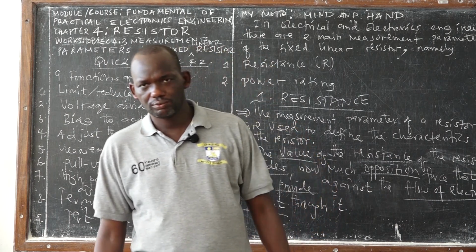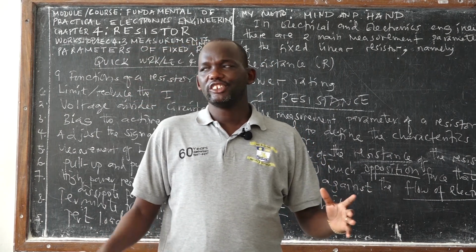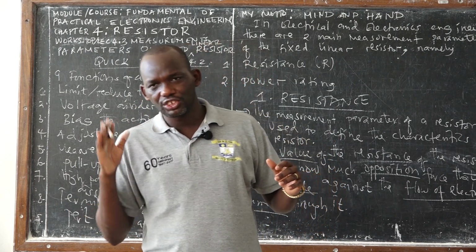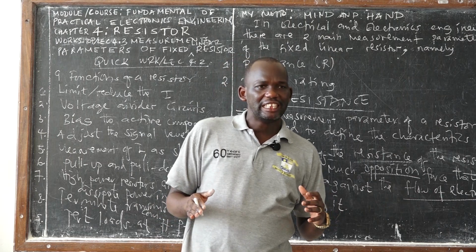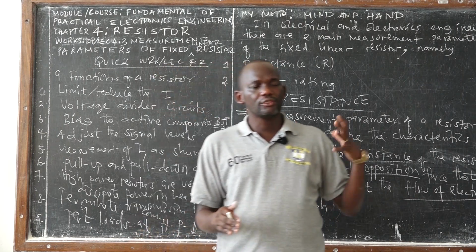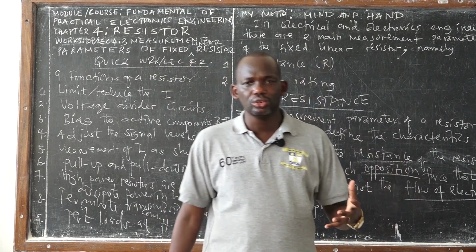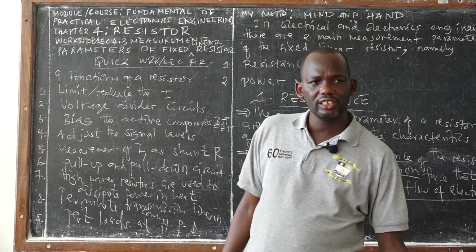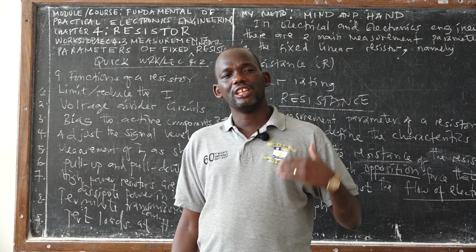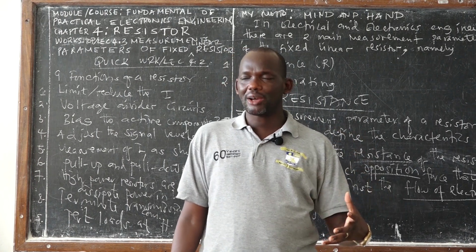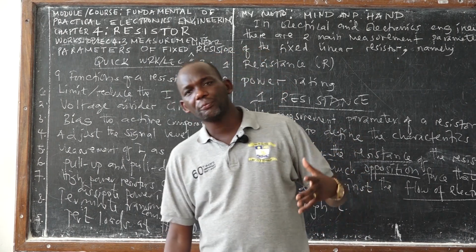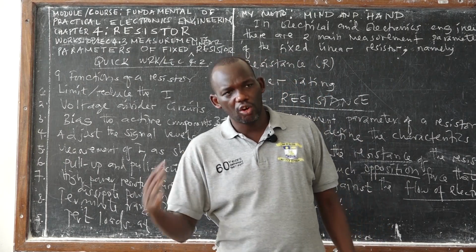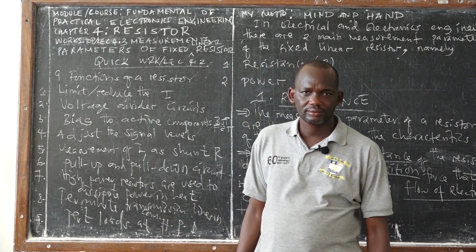The opposition force offered by resistor 1, which is 220 ohm, is less than the opposition force provided by resistor 2, with a resistance of 2,200 ohm. Why? Because 2,200 ohm is greater than 220 ohm. That's the point we're trying to make.